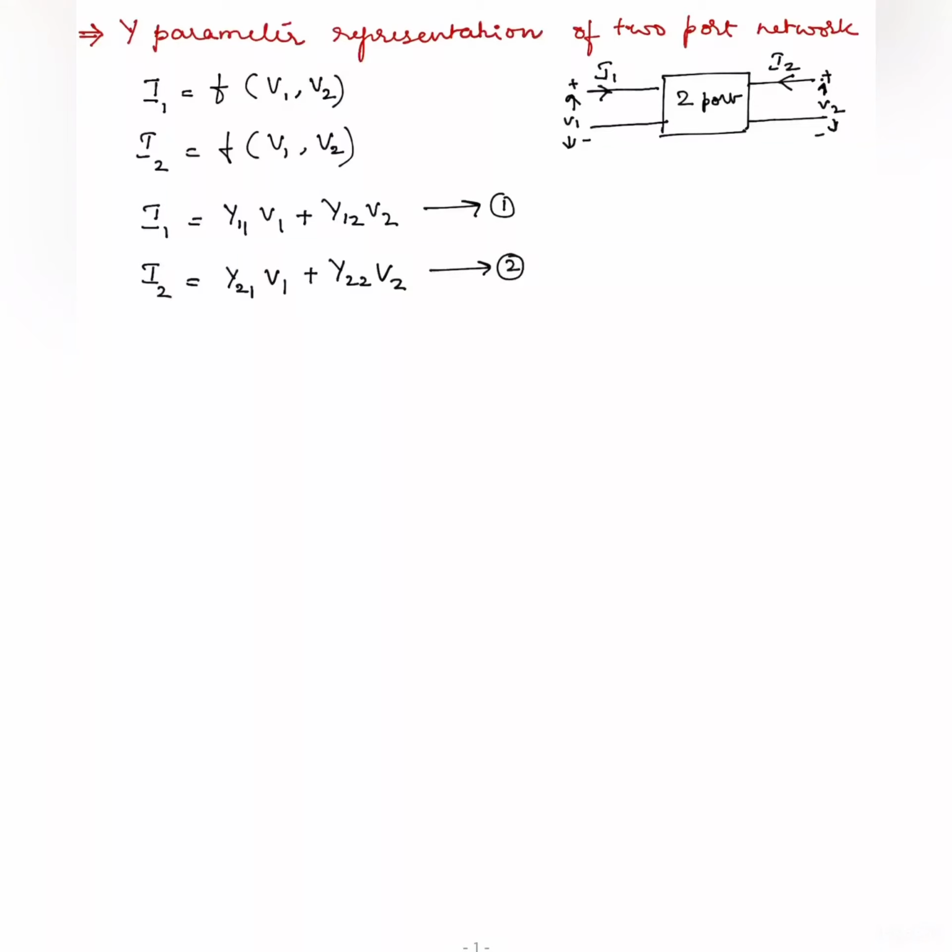Now we'll discuss how to get the Y parameters from the input current and voltage, and output current and output voltage, and hence we'll represent the two port network in terms of Y parameters.